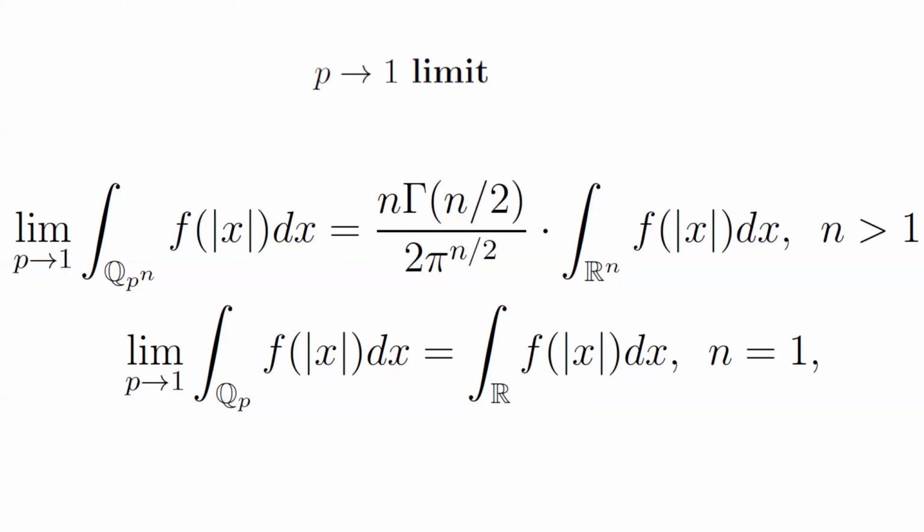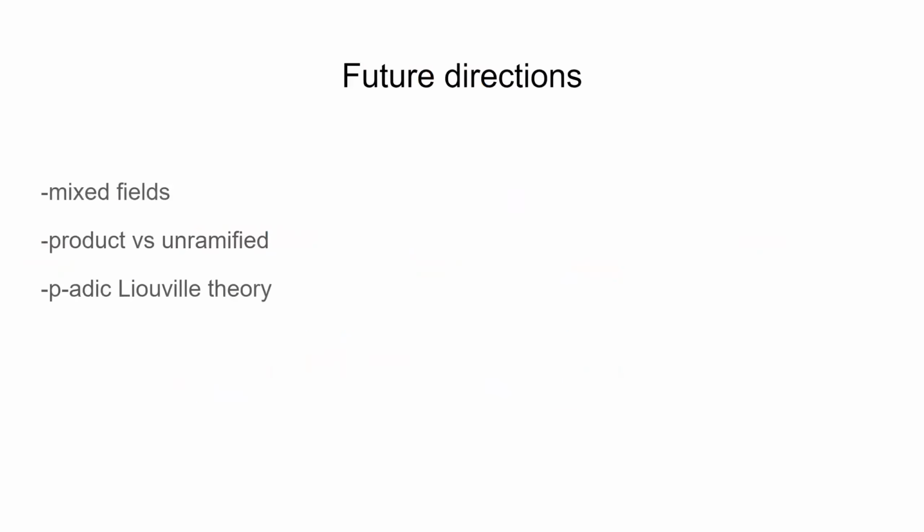Okay, so in fact this is approximately what I wanted to say. So probably it would be nice to mention future directions. As we mentioned, there are two ways to define the analog of n-dimensional spaces here.